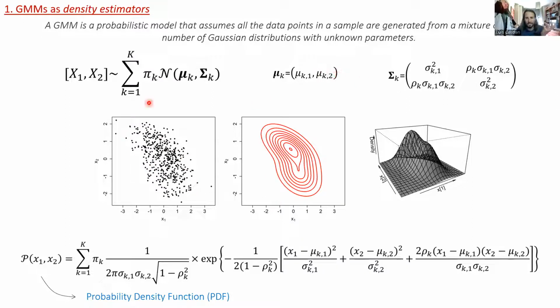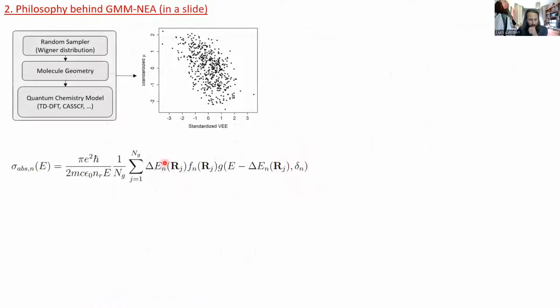Mathematically, these points are distributed according to a sum of normal distributions, which are characterized by some means and a variance-covariance matrix. The goal of this algorithm is to fit these parameters from these experimental points. Okay, so then let's move to the philosophy behind GMM.